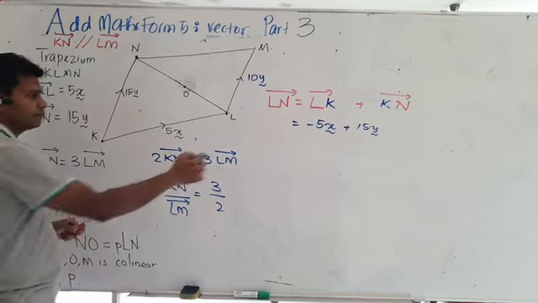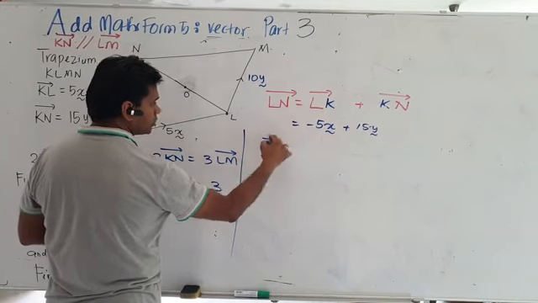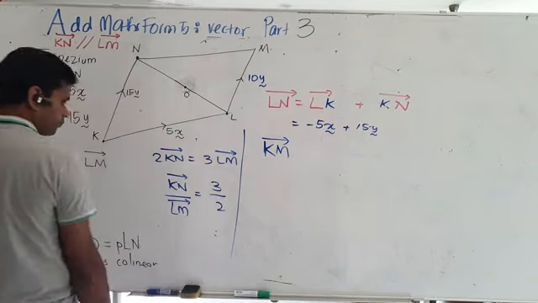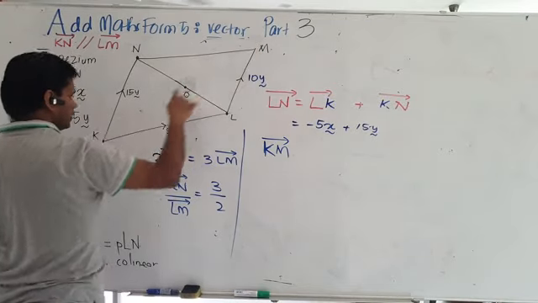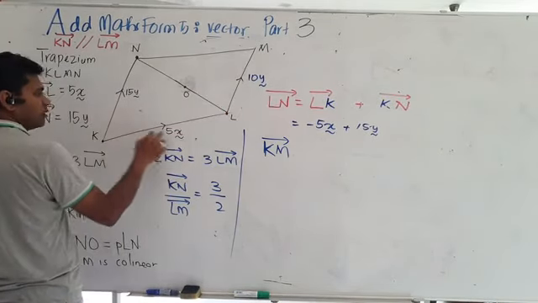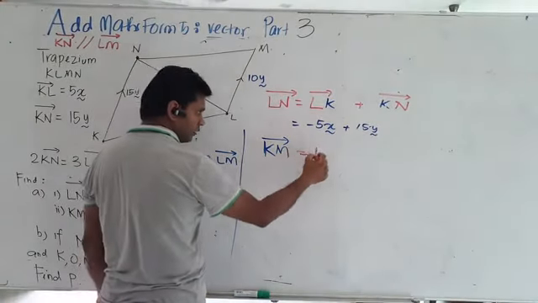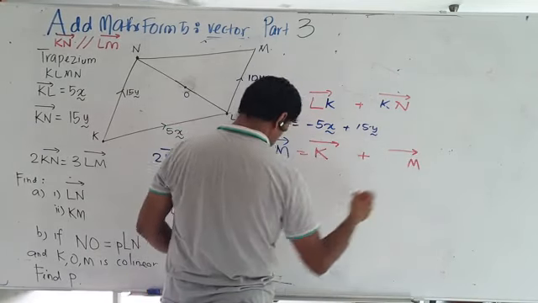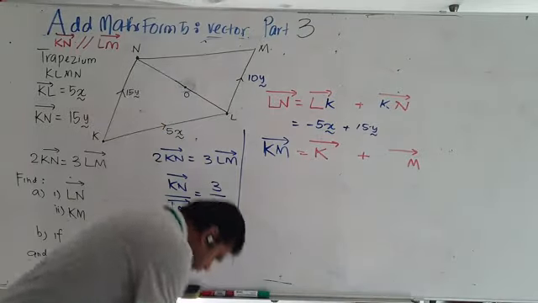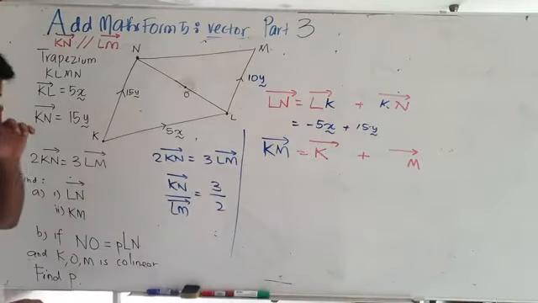You okay? All right. Next, let's take a look at KM. How do you find KM? Similarly, you need to make an equation. So what's my equation? I want to find KM. Let me use this triangle, KML. I'm going to use this triangle because the values here are known, so it's easy. And then the middle part must have the same letter.